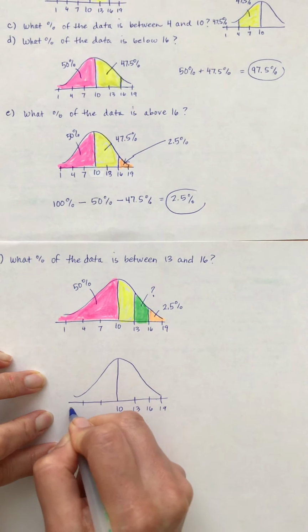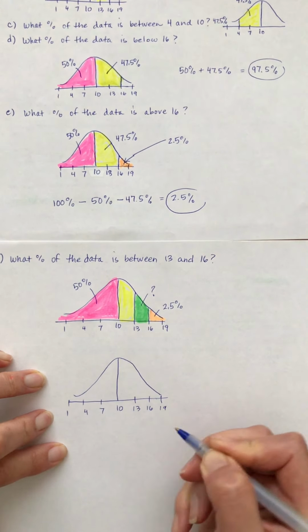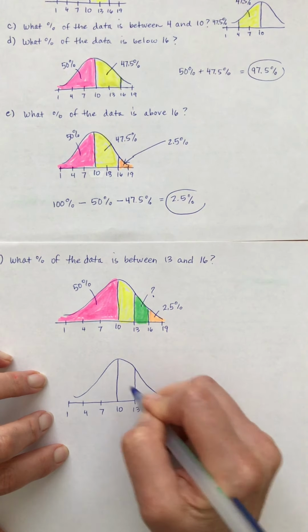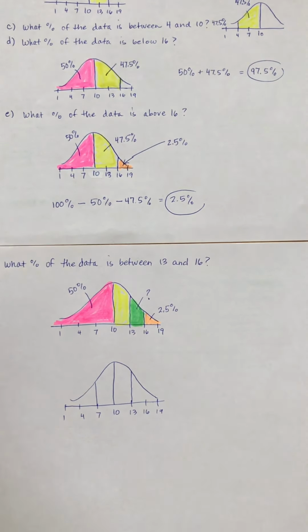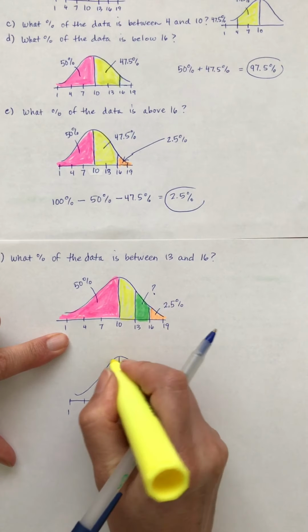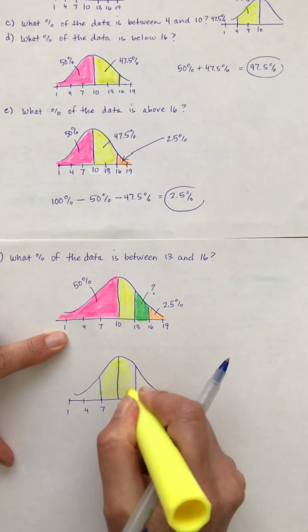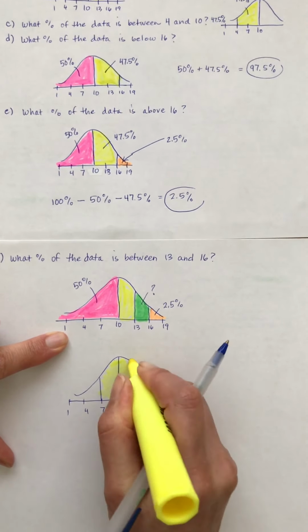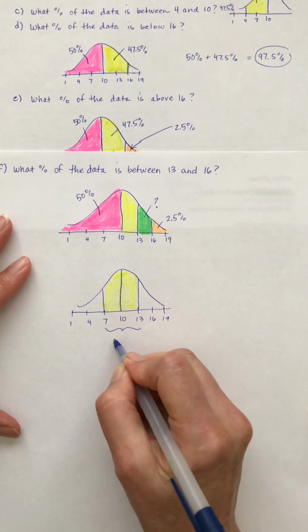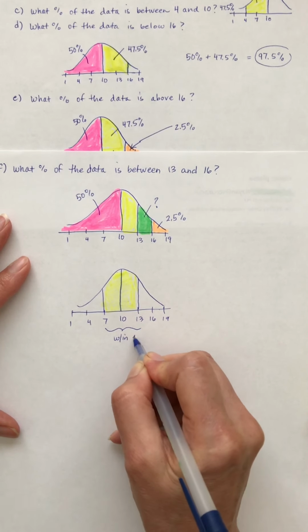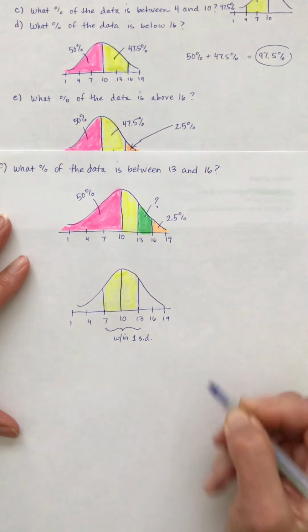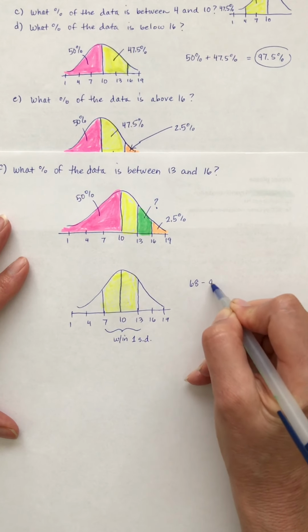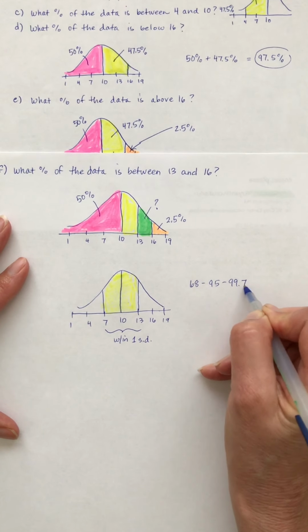This is getting a little sloppy, I'm sorry. If we go like this and like this, this is within how many standard deviations? That's within 1 standard deviation, right? What does the rule say? 68, 95, 99.7.